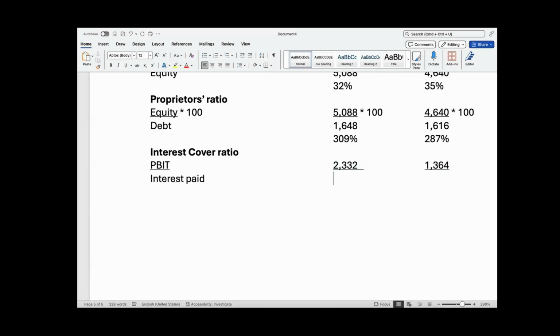So what's the interest cover ratio then? Fourteen times. How about this? 10 times. Okay.